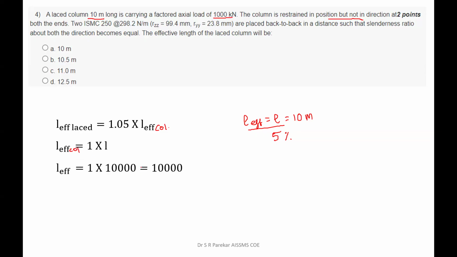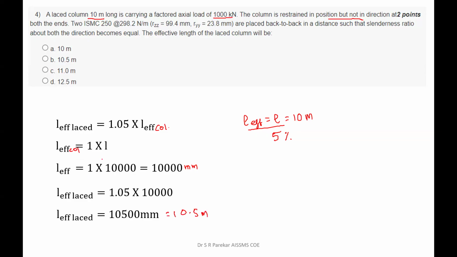So we have 1.05 into 10,000 millimeters, and it will be 10,500 mm, which is equal to 10.5 meters. And the option we have is option B.